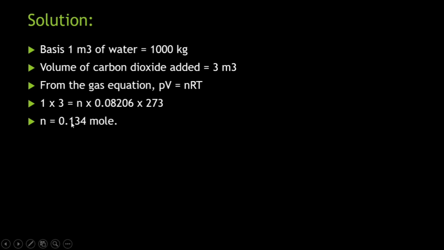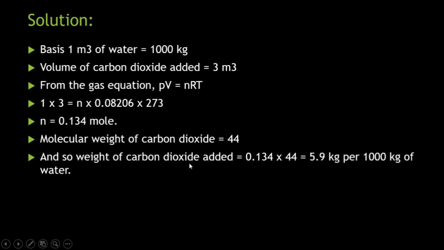So now n becomes 0.134 mole. So molecular weight of carbon dioxide, CO2, is actually 44. You can use this. So weight of carbon dioxide becomes the number of moles multiplied by molecular weight of carbon dioxide. So that is how you get the weight of carbon dioxide, that is 5.9 kg per 1000 kg of water.